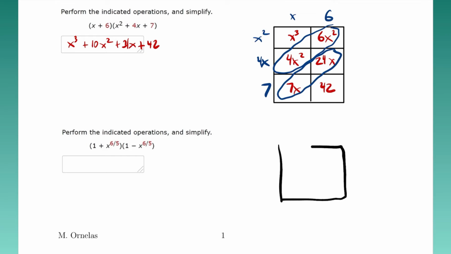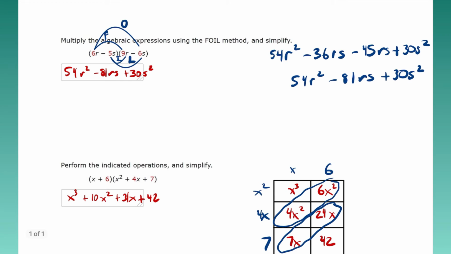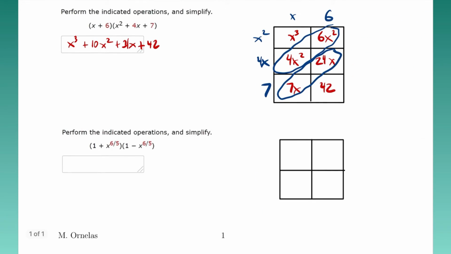This time it's a 2x2 because it's a binomial times a binomial. You could do the FOIL if you'd like, or you can do the box. I'm just going to do the box. So this is 1 plus x to the 6/5. This would be 1 minus x to the 6/5. So this would be 1.